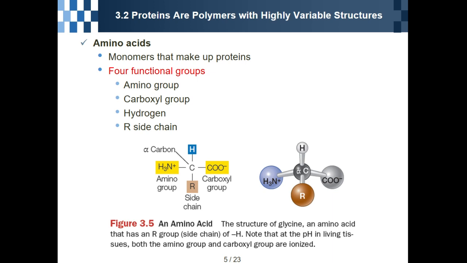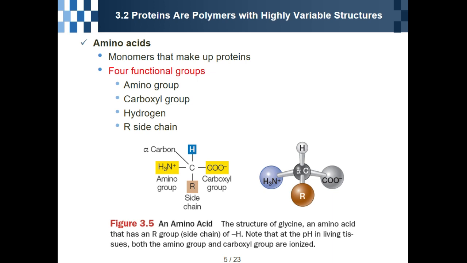Based on their location, we can make the R configuration and S configuration. Amino acids show optical isomers, but today I will not cover it in detail.